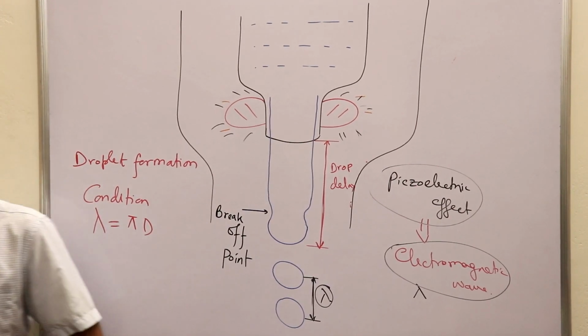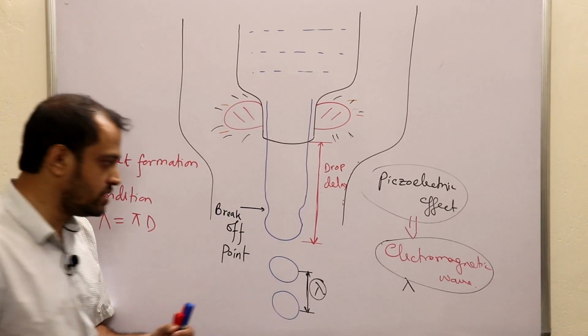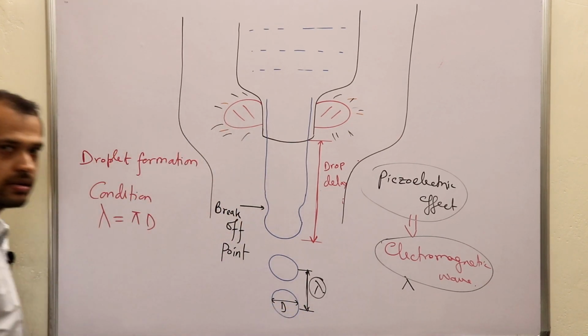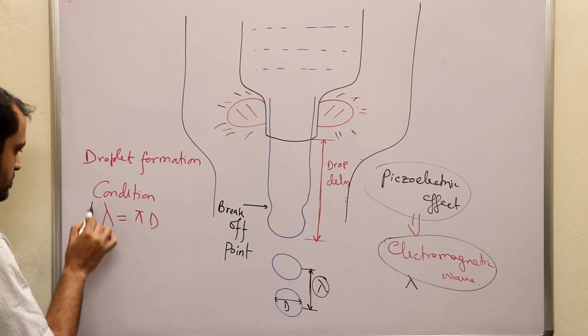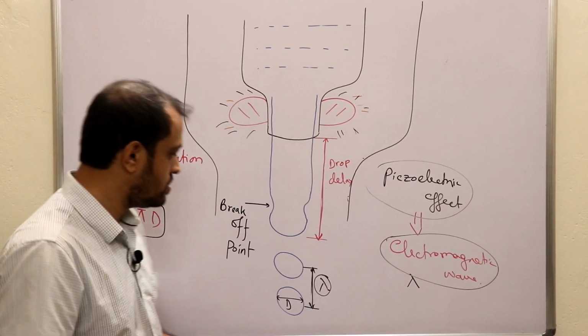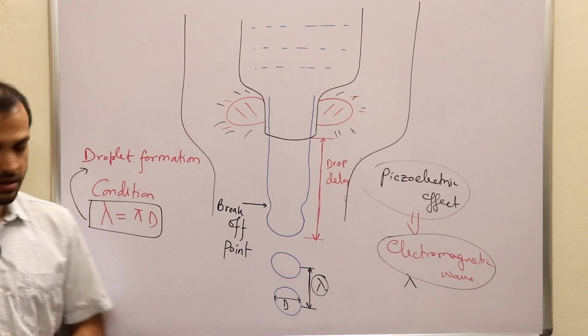What is d? D is actually the diameter of each drop. So this is the condition of droplet formation.